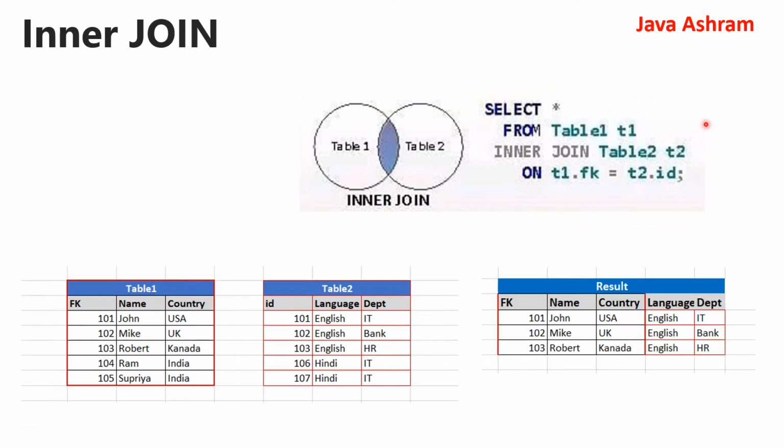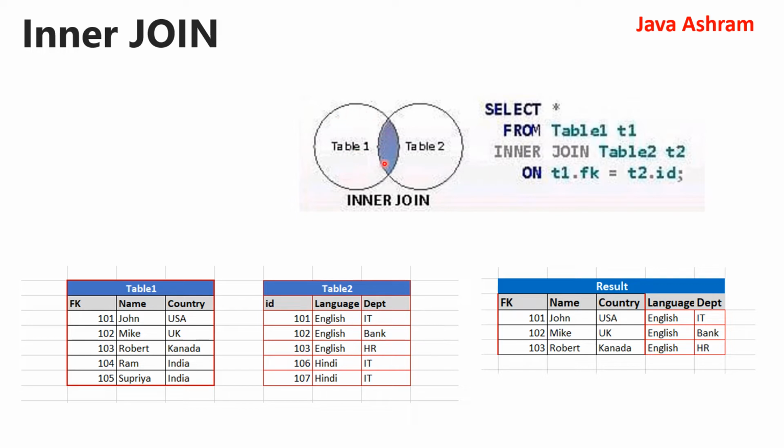Let's move ahead. So second is the inner join. If you see this diagram, inner join joins two or more tables and retrieves the data which have common data or a common ID.